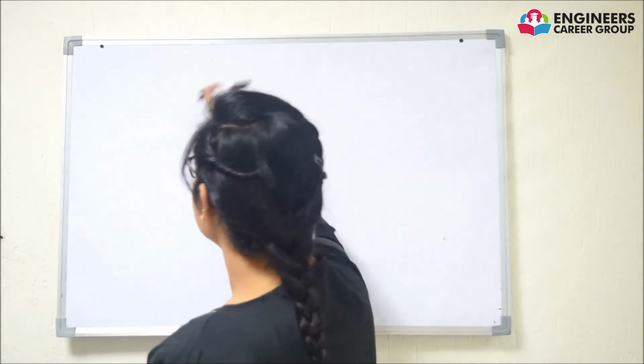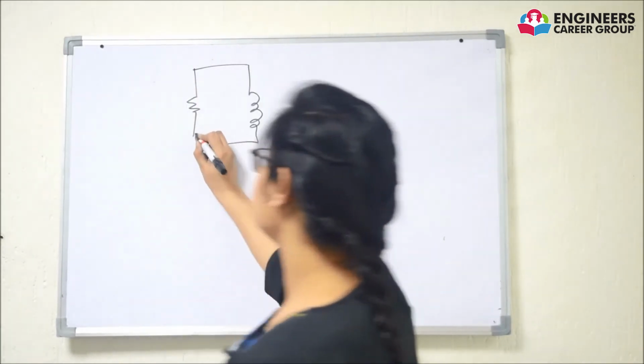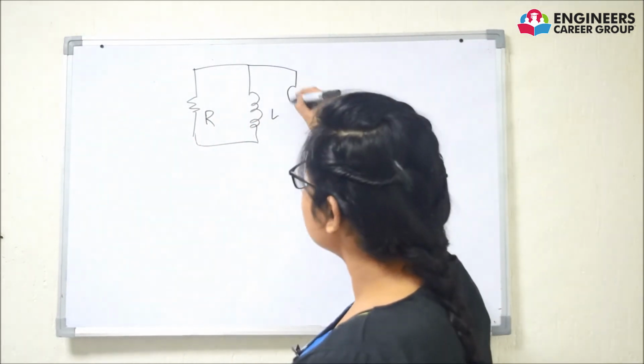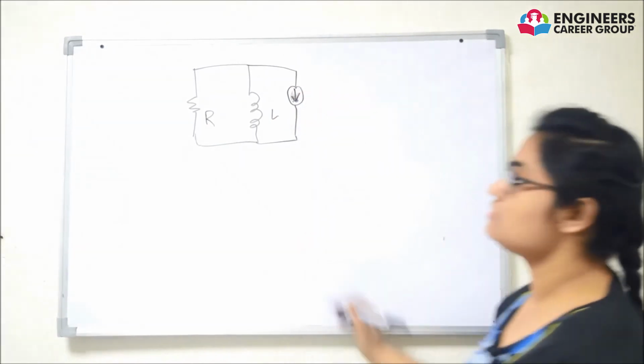We have already discussed that if we are talking about RL circuit and R is my resistance, L is my inductor, then equivalent circuit for this inductor will be a current source in parallel to my inductor circuit.